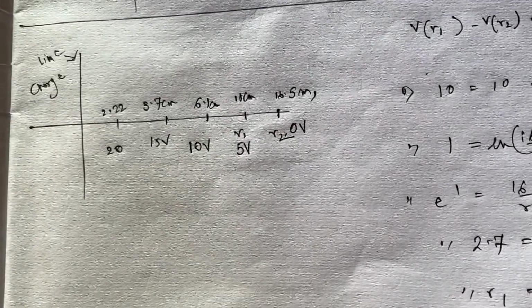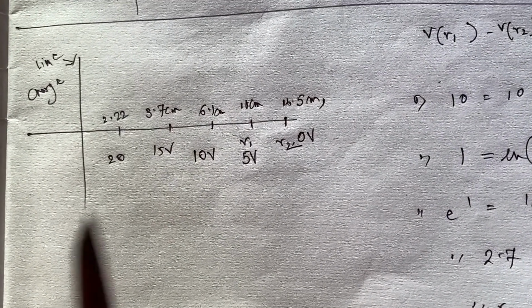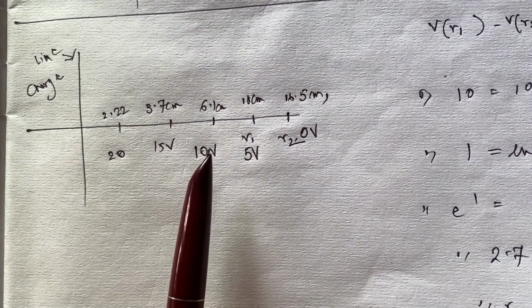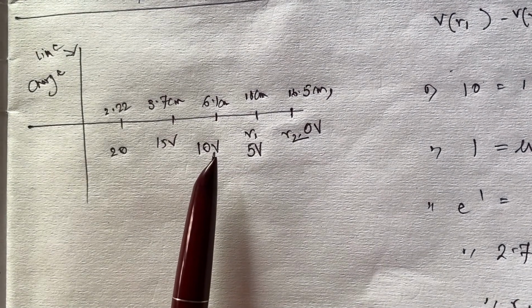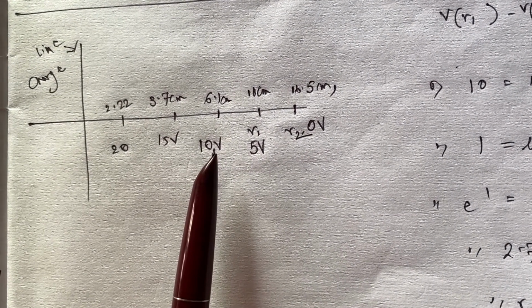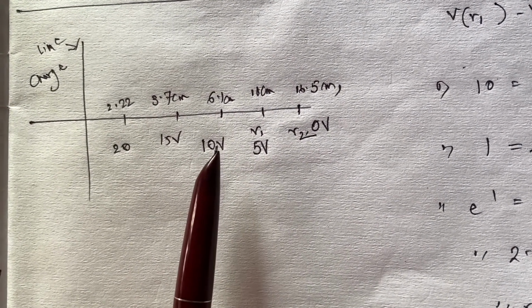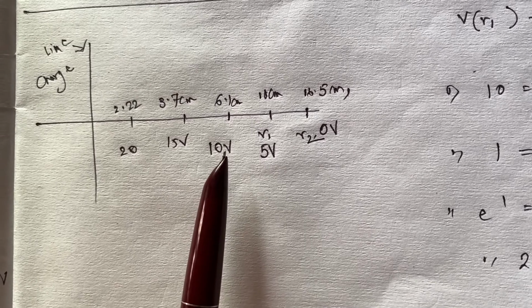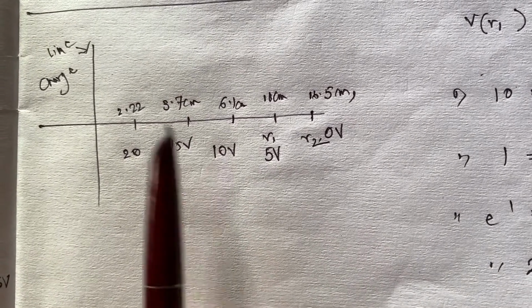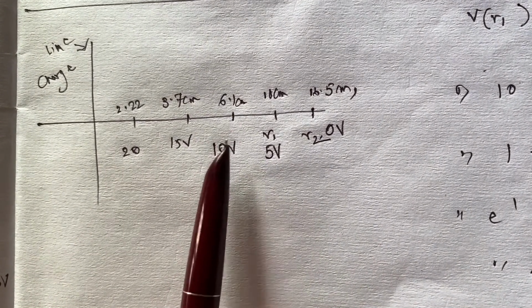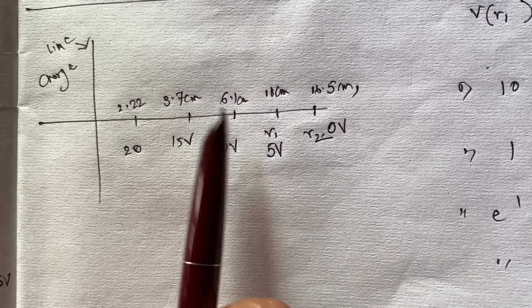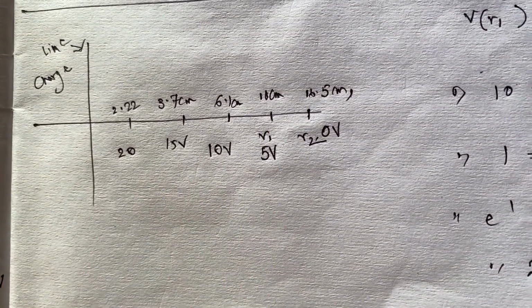So what I would like to emphasize is, if I want to have a constant potential contour where the potential value is constant at 10 volt, then the distance of that contour must be 6.1 centimeter from this line charge.